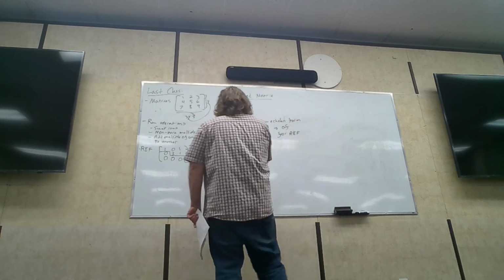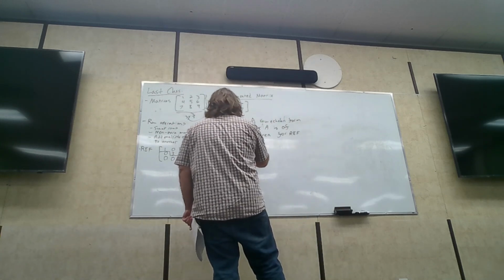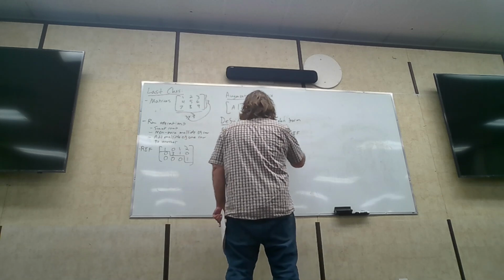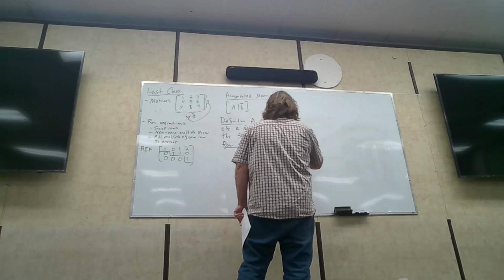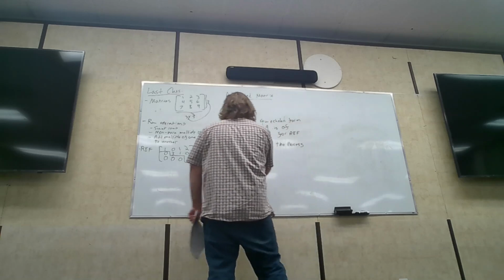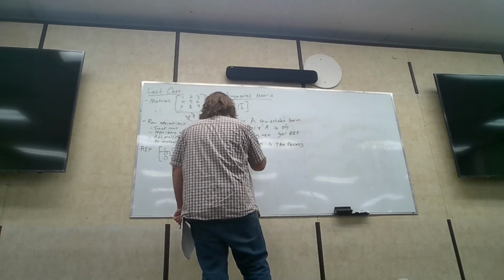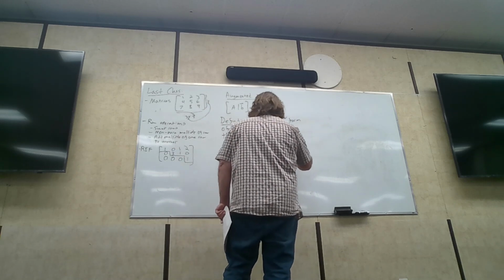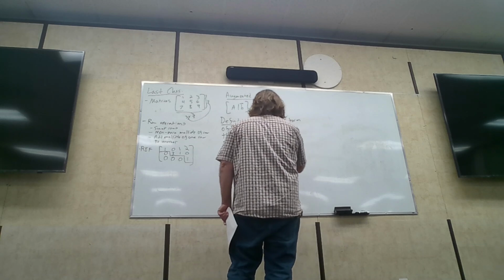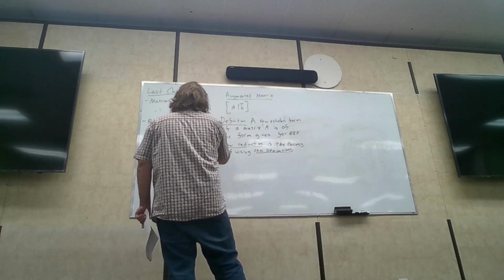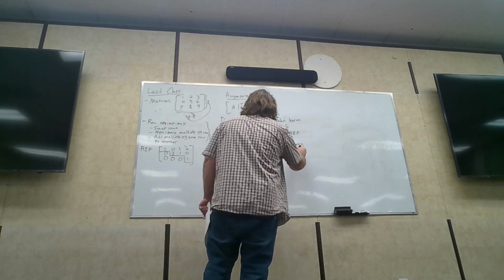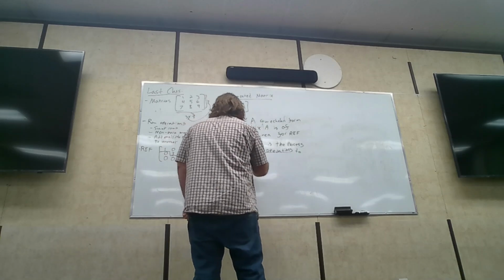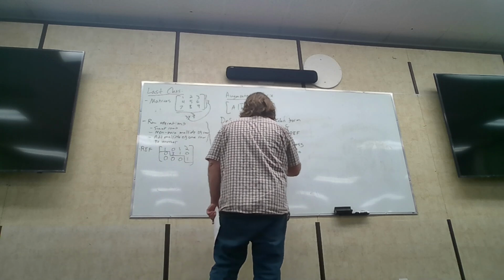So row reduction is the process of using row operations, so these things, to bring a matrix to a row echelon form.